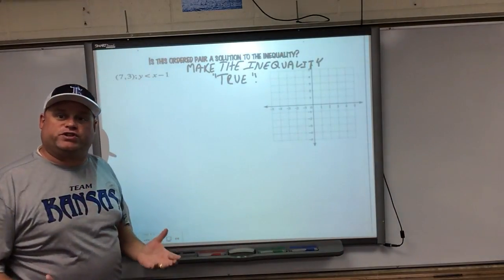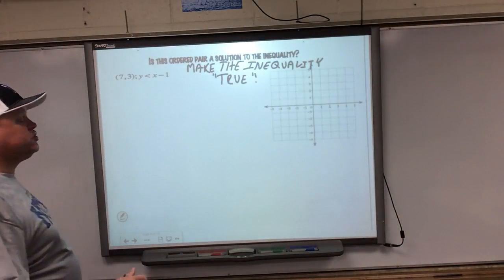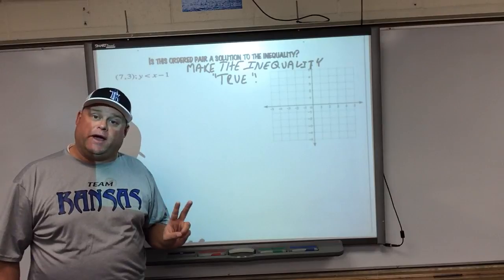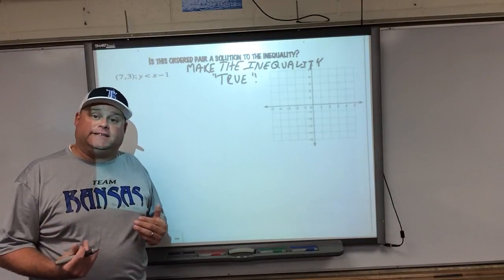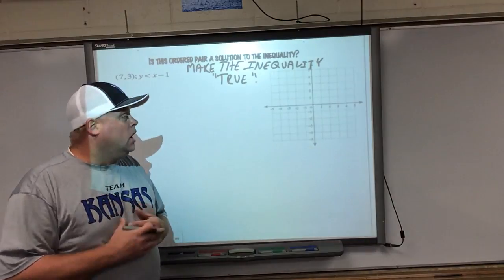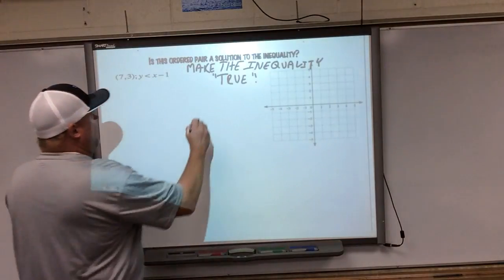Does it make it a true statement? Okay? And there are two ways I can do this. Both of them are straightforward, and I think both are easy. The first one is I could graph it.